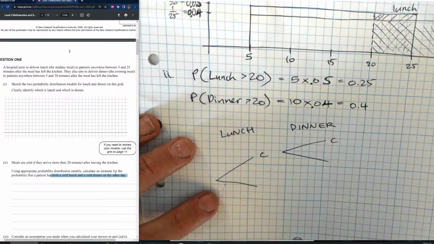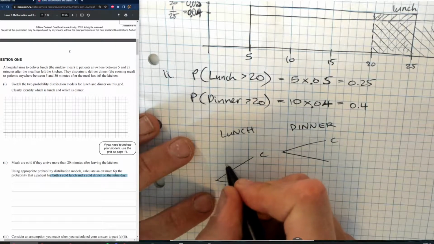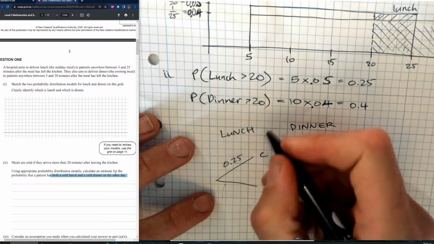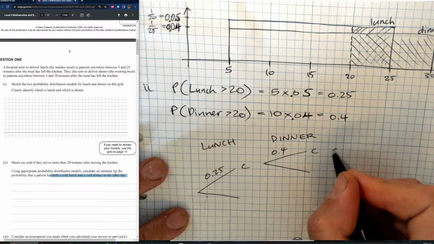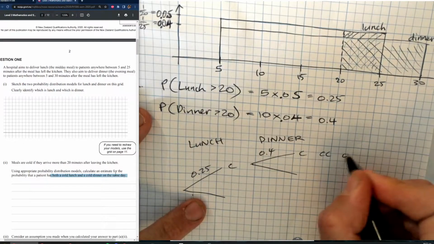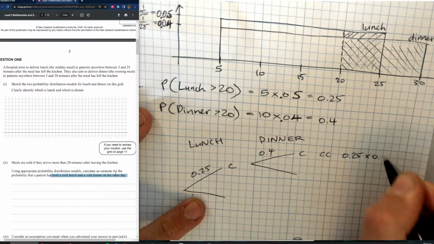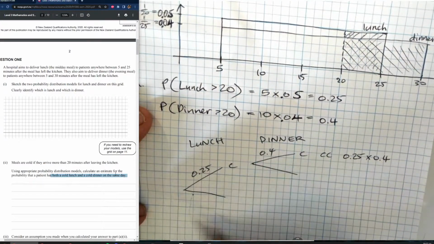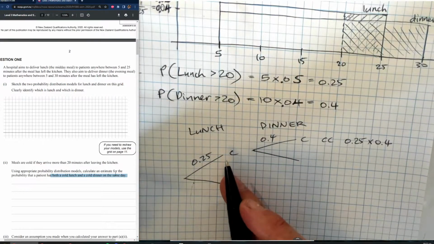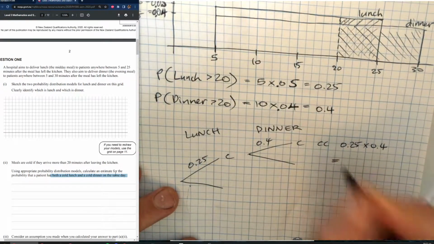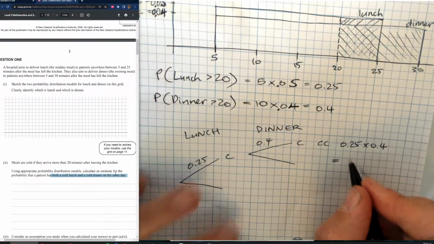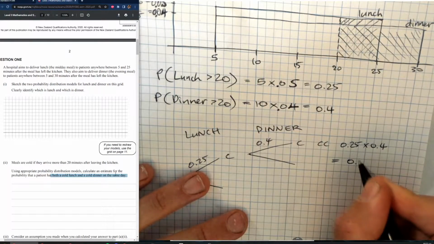So all we care about is the branch of both a cold lunch and a cold dinner on the same day. So cold lunch is 0.25, and then cold dinner is 0.4. So you're just multiplying those probabilities. It's going to be 0.25 times 0.4. You don't have to show this, I'm just trying to give you some understanding. But you just have to show this calculation here. 0.25 times 0.4 is 0.1.